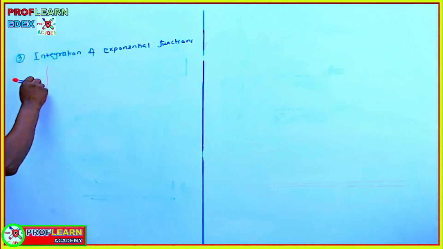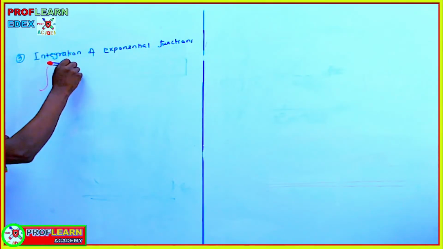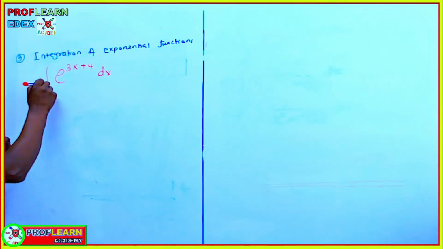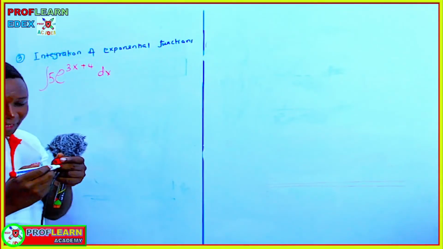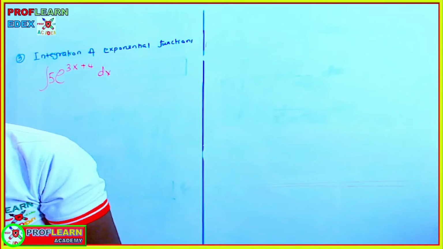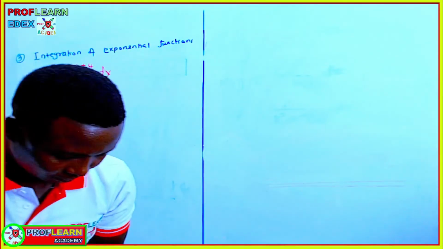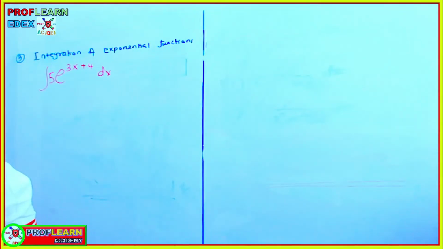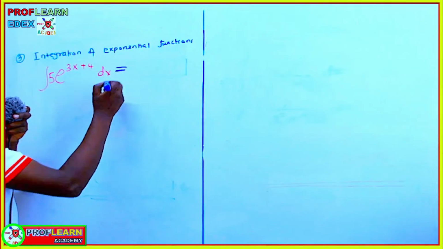You are told to integrate e to the 3x plus 4 dx, and then you have your 5 at this. What are you supposed to do in order to integrate this? Now, integrating an exponential function, this is what we're going to do.